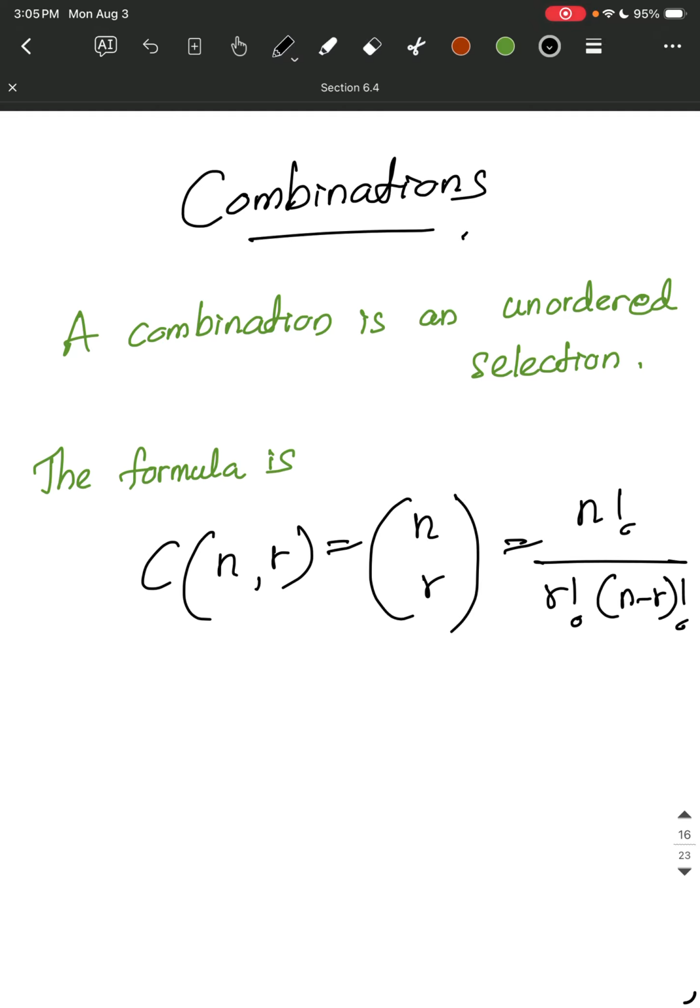The essential idea is order does not matter. Okay, let's see the example.